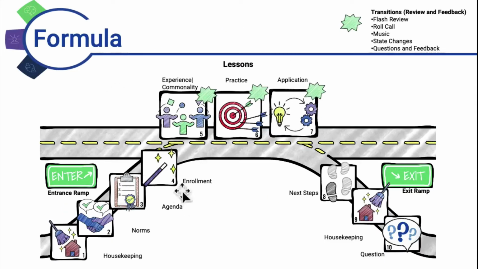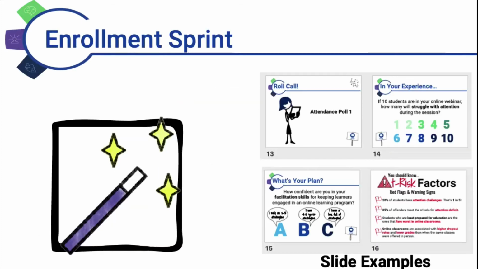And then I use some form of enrollment. And by some form of enrollment, I mean I want to engage learners. This is where I do an attendance poll, or I go, hey, in your experience, in the chat box, from 1 to 10, tell me how you rate on this. Or in the chat box, I give them a question and I go, hey, are you A, B, or C? Respond in the chat box. Enrollment doesn't have to be a big, huge event.